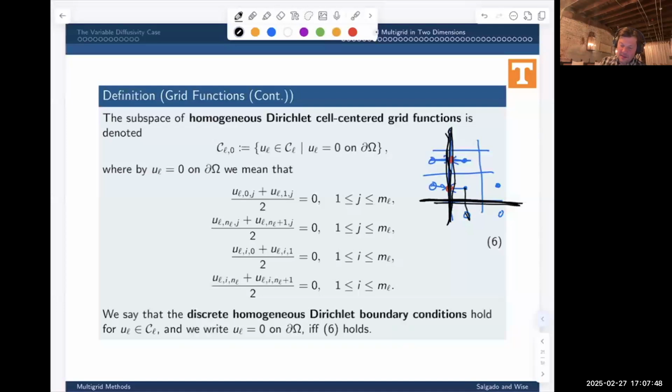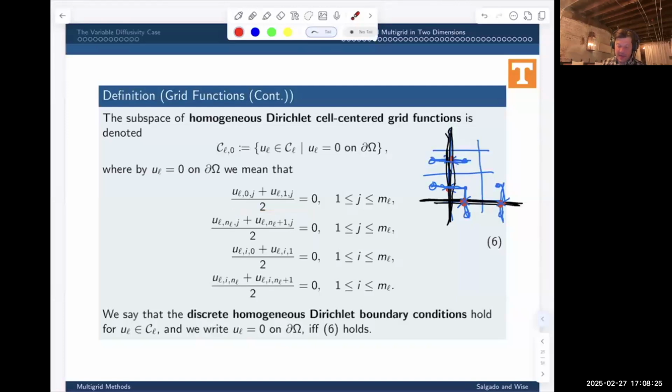Then I need to take the average, of course, as I did here and here and here and here. The next average I'm going to take is this guy and this guy, and the values of the average are going to be located at these points, right? And the point is, I don't need to take an average this way. I don't need to define the average value there. So I don't need that cell-centered grid point. I only need the ones going along here, going along here. I don't need the one in that corner.